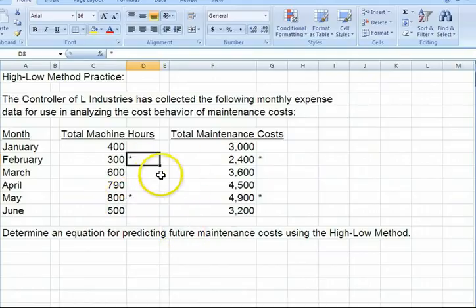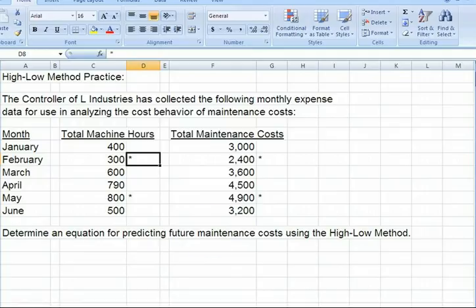From an algebra perspective, if we're going to plot these points, the x would be 300, the independent variable, the y would be 2400, the dependent variable, and then the other point would be x of 800, y of 4900, and put a line through these 2 points and determine the slope to get our variable cost per unit.